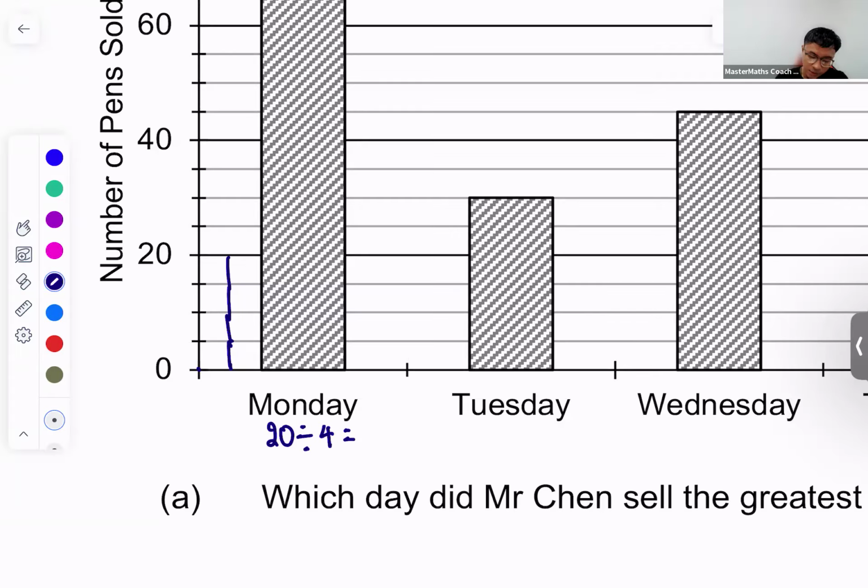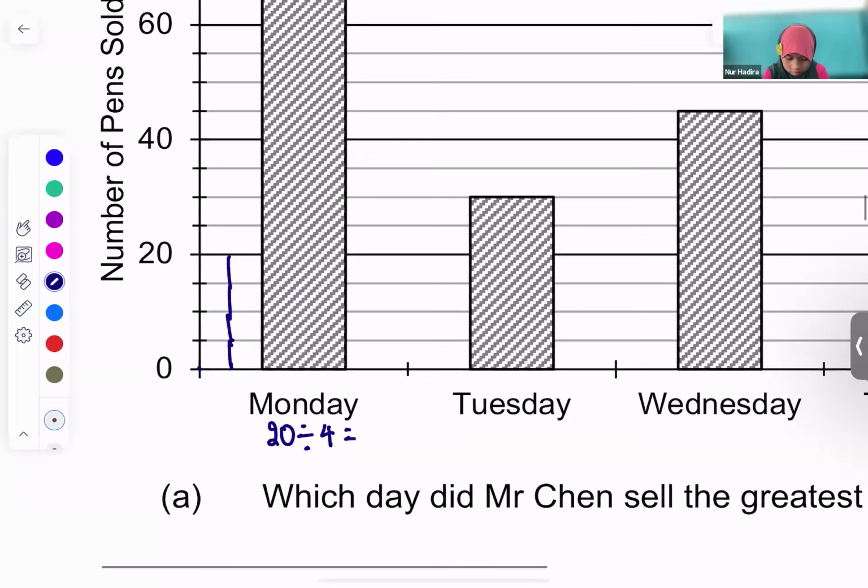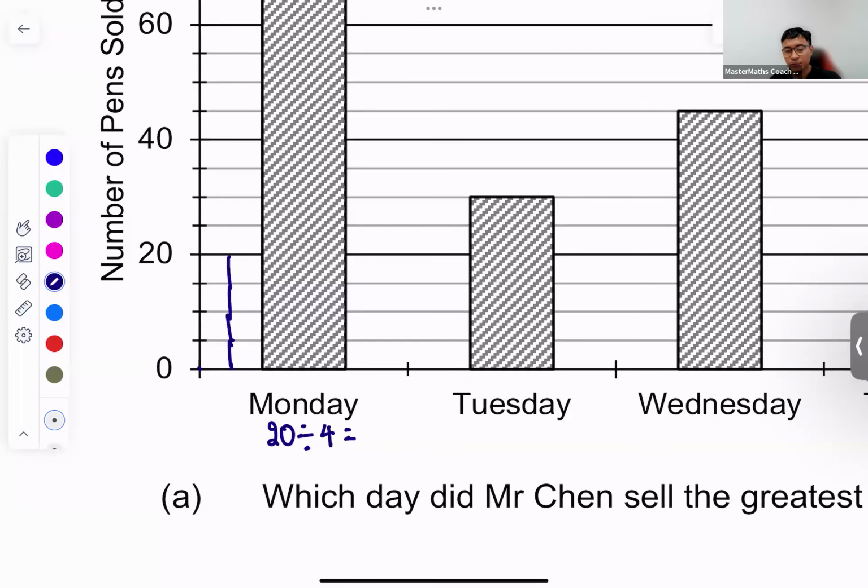Okay, can you give me the times table for 5? 5, 10, 15, 20, 25, 30, 35, 40, 45, 50, 55, 60. Okay, correct.